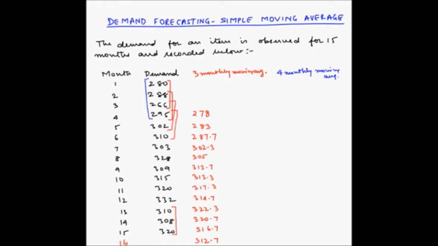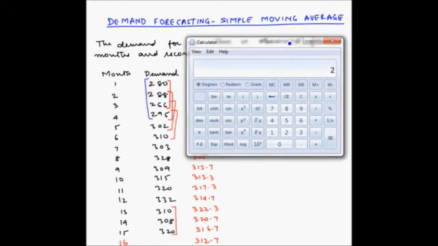So let me pull my calculator here. So 280 plus 288 plus 266 plus 295 divided by 4, because we have 4 months. So the answer is 282.25. So this is the forecast for the 5th month.